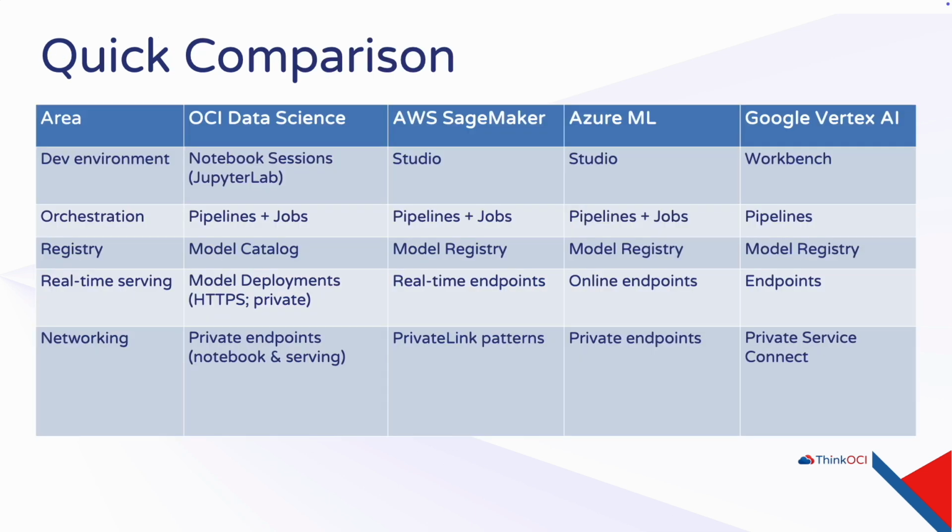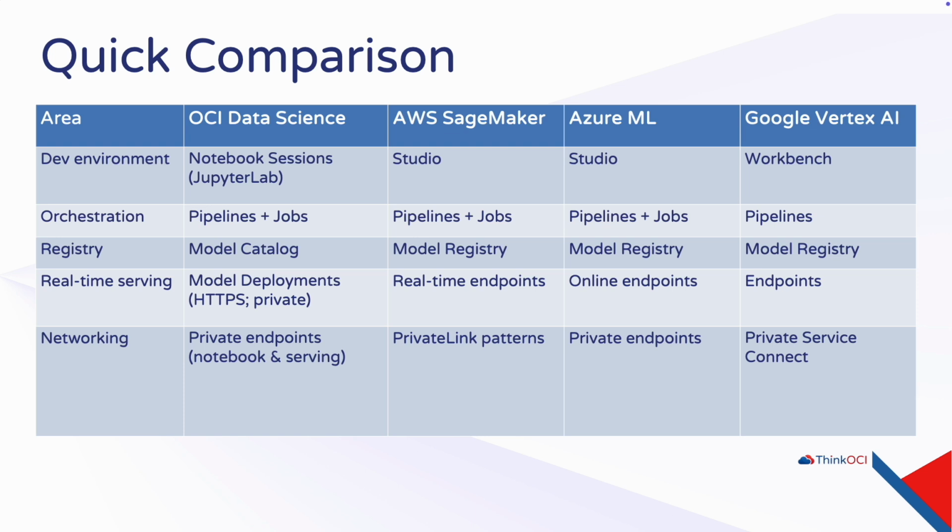Next, let's compare OCI Data Science with similar services from other hyperscalers. All of them provide core features like notebooks, pipelines, registries, and real-time serving, but OCI has some clear advantages. First, the developer experience.